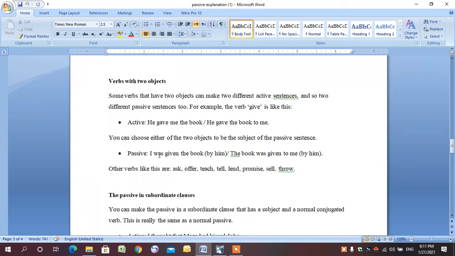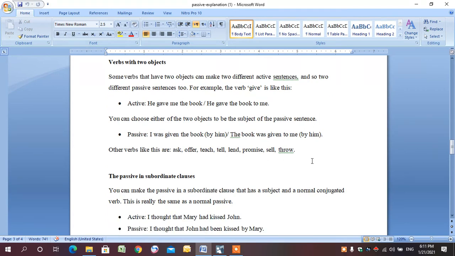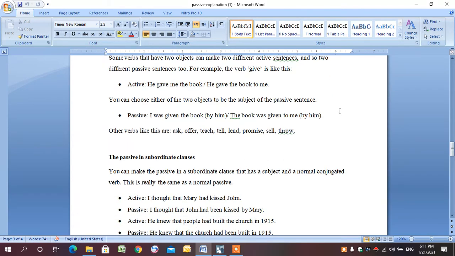Now this was an example of the verb that has two objects. You have other verbs that have two objects, such as these verbs: ask, offer, teach, tell, lend, promise, sell, and throw. Now you can choose whatever object you wanted to start your sentence with. Okay.